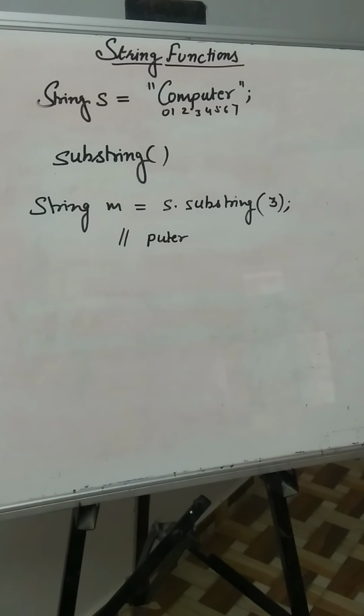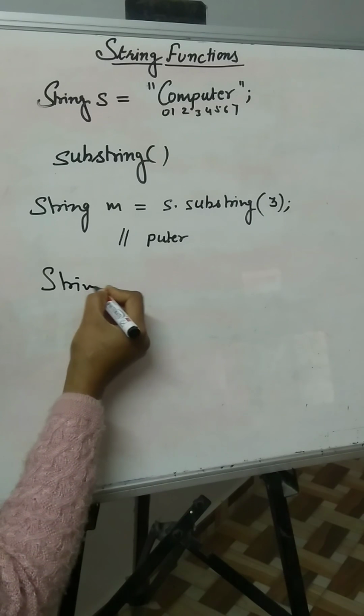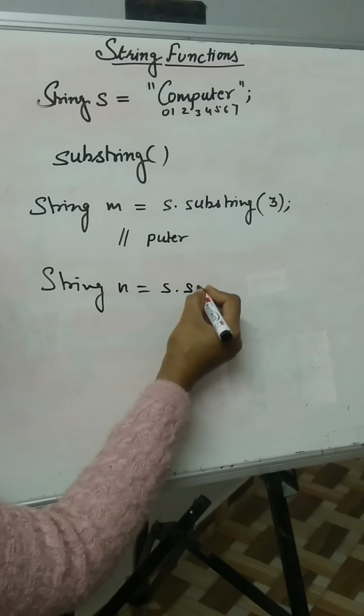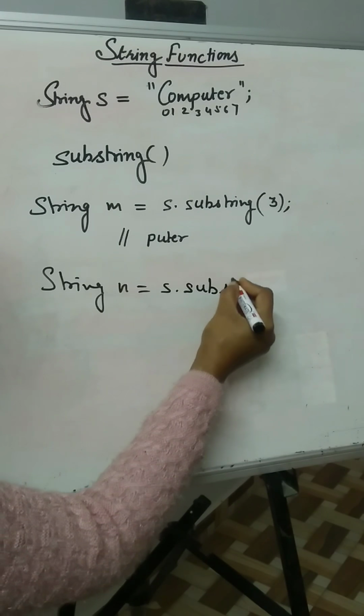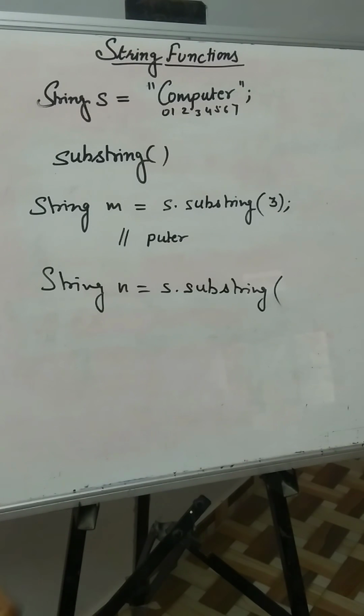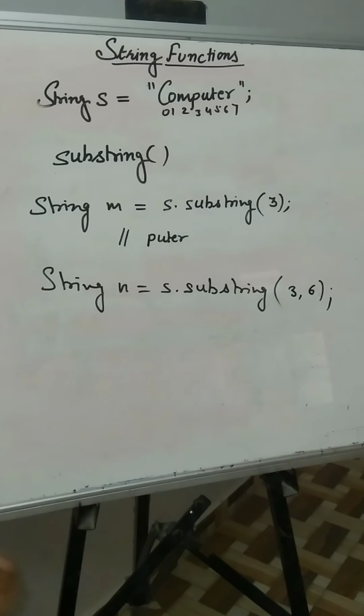Clear? Suppose we can also give two index positions in this function. Suppose n is equal to s dot substring, and here we give the values, suppose 3, 6. 3 index to 6 index.